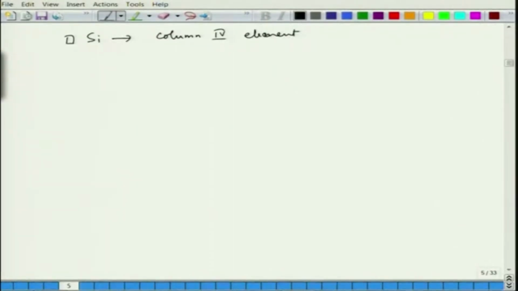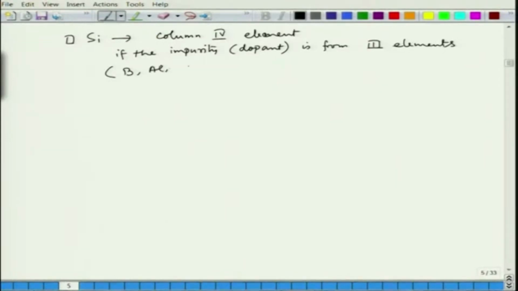Now, if the impurity or dopant that we introduce in this intrinsic semiconductor silicon is from group 3 element or column 3 element, such as boron, aluminum, gallium, indium, etc. If we choose any one of these dopants, then what do we introduce?